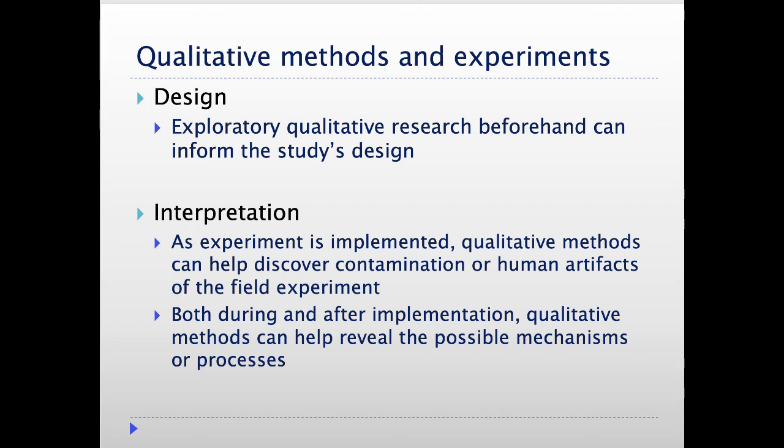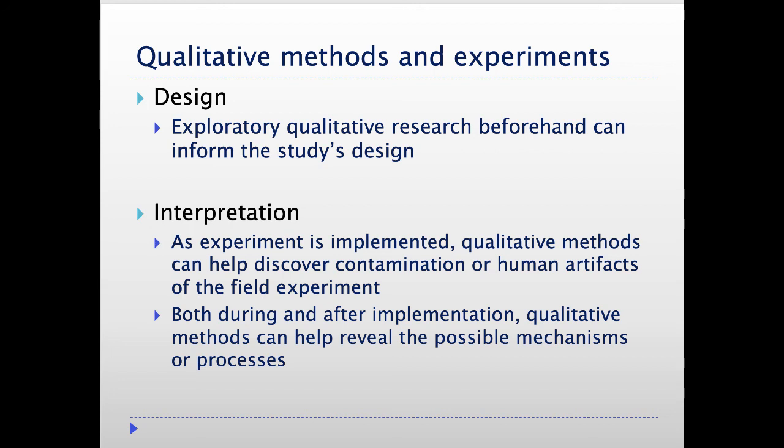You won't have found a population where it would have an effect or where you'll see a difference. So exploratory qualitative research is very important beforehand, and it's especially important for both implementing the treatment and implementing the experiment. Are you going to get people who leave the experiment, who refuse to participate, all sorts of things. So qualitative research is very important to design.